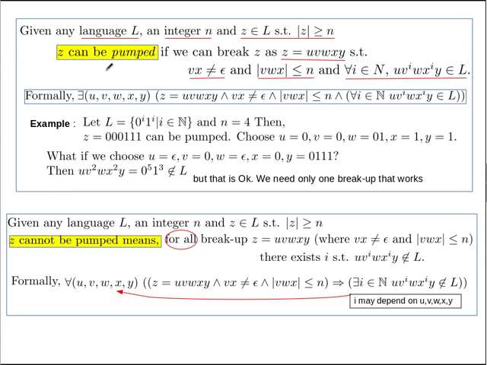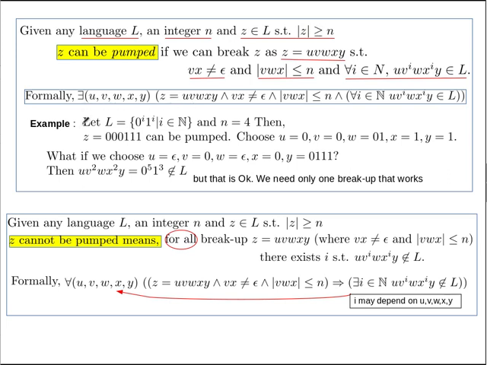This pumping depends on this L and this integer n, because here the conditions involve this n, and this z has to be of length more than or equal to n.